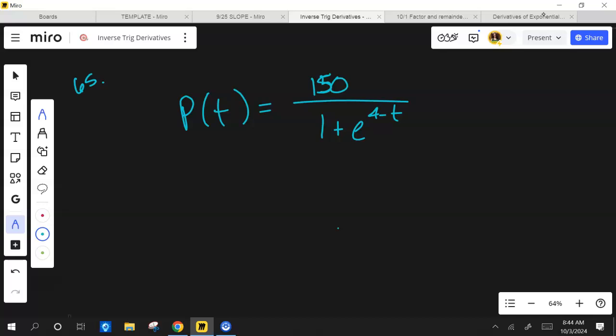If flu is spreading at the rate of P of T, what is the initial number of persons infected? How do I put it in?